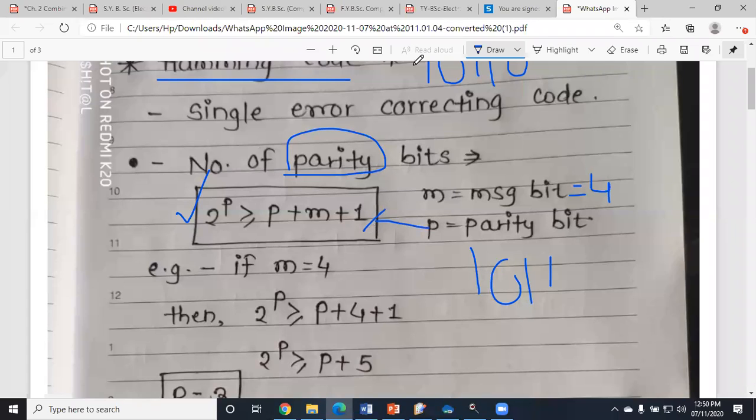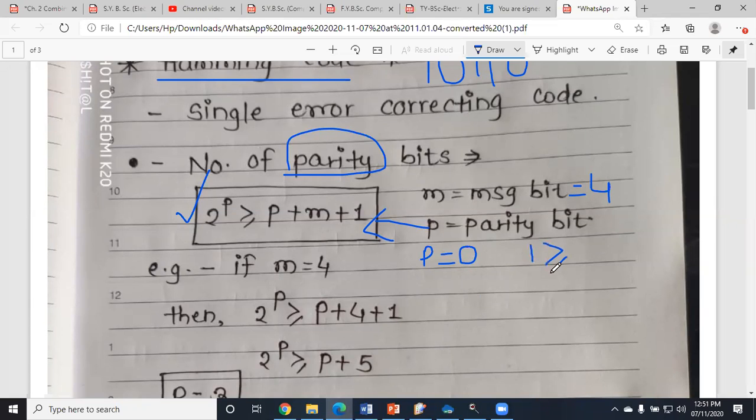Now see, if I put p equal to 0, what will 2 raised to 0 be? 1. See here, 2 raised to 0 is 1.